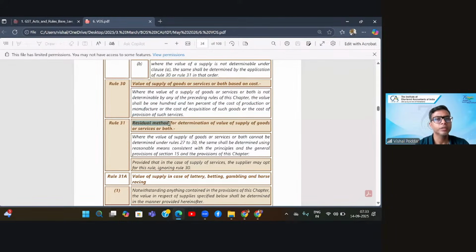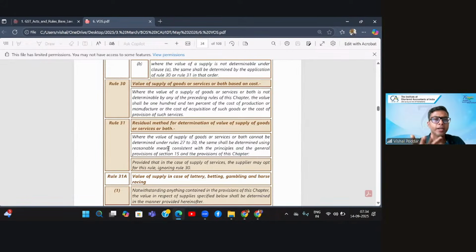31 is actually the residual method, or you can say the last resort method, where they have not provided any rule. I repeat, they have not provided any method. So as you can see, what does Rule 31 say?